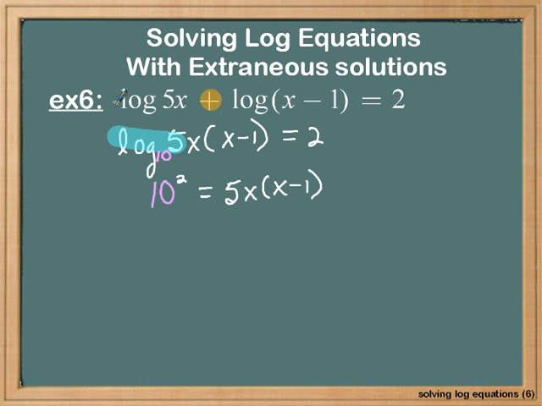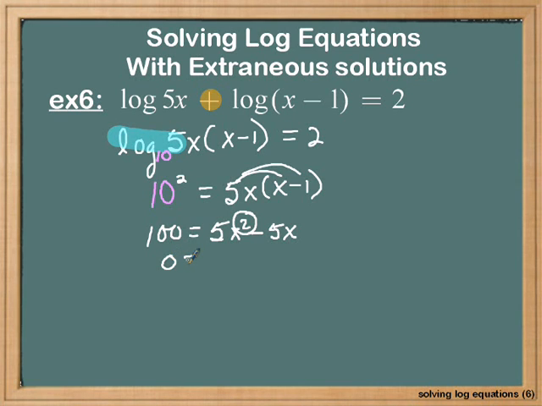I think it's time for me to go ahead and evaluate what I have so far. So I have to take that 10 and square it to get 100. Distribute the 5x to the quantity, and that would give me 5x squared minus 5x. I'm going to get everything over to one side because I'm in a quadratic equation. That 2 told me that.